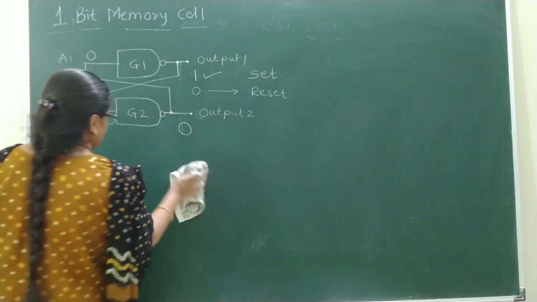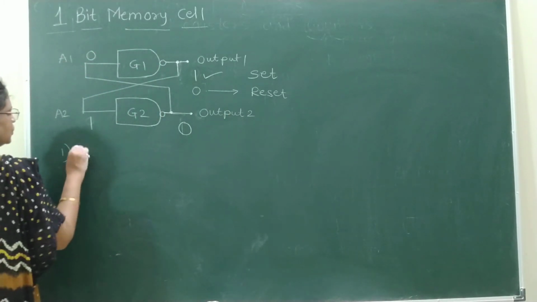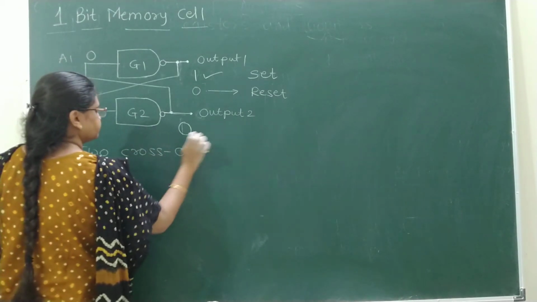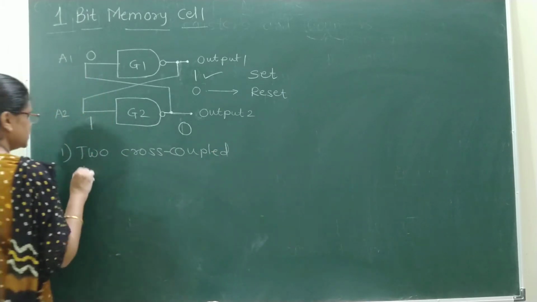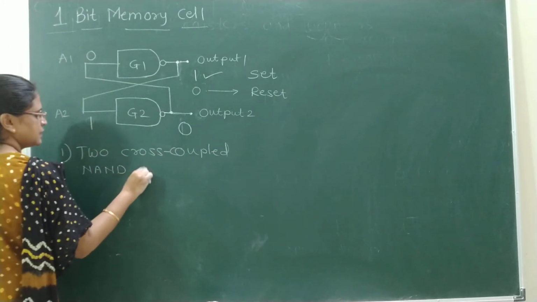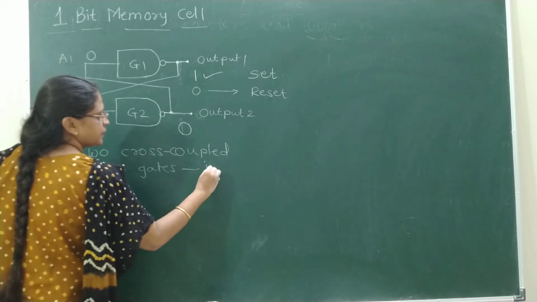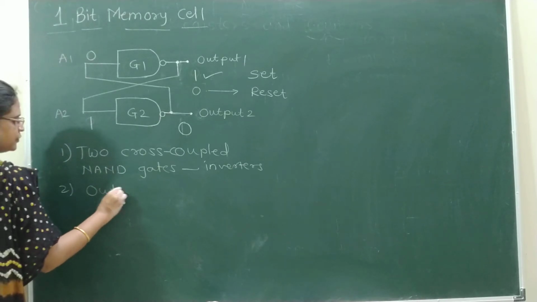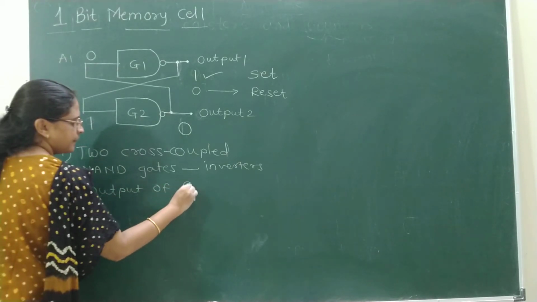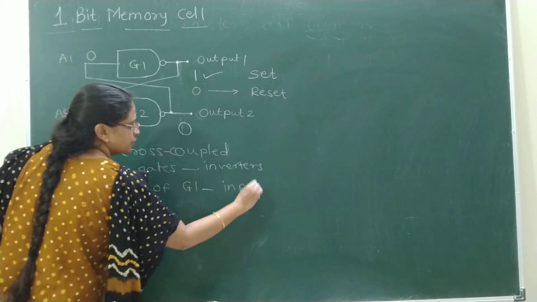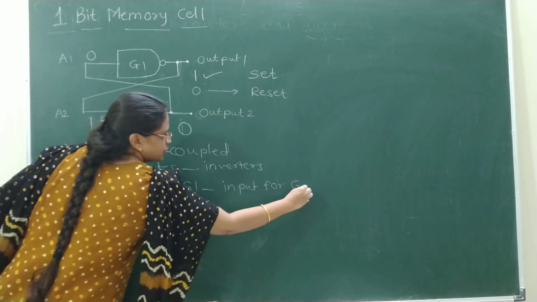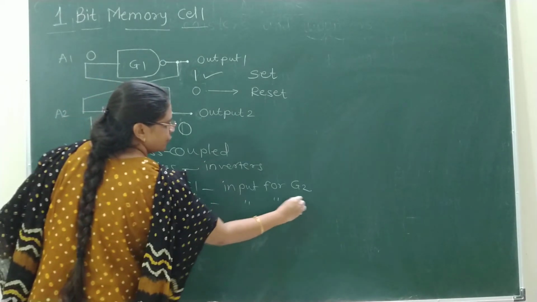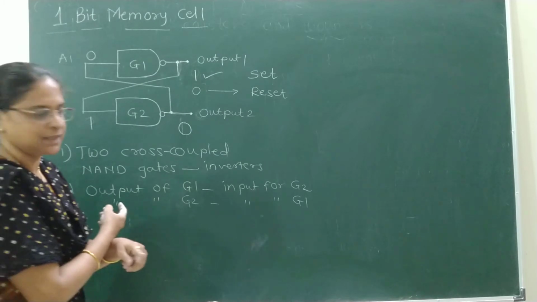So first, as the main point, two cross-coupled NAND gates are used as inverters, correct? Then output of G1 becomes input for G2, and again output of G2 becomes input for G1. So that is the cross coupling, correct?